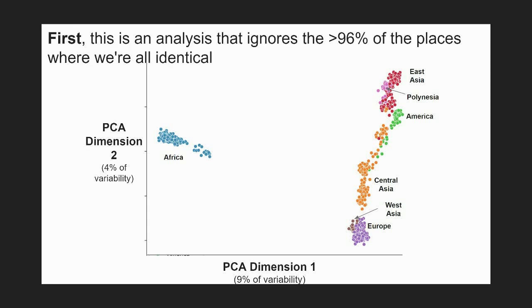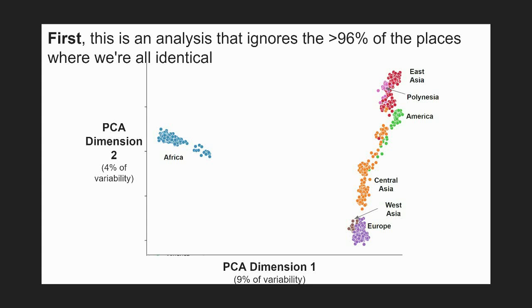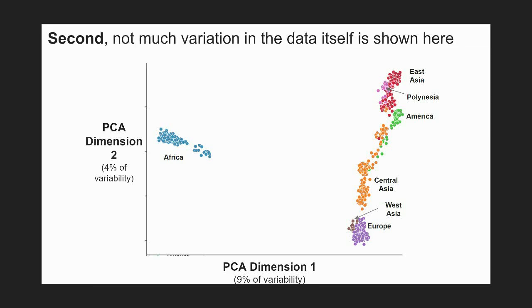And first thing is, we have to remember that this is an analysis that is using a small subset of our genome. 96% of the genomes of all of these people are almost identical. So we're really honing in on just the parts that vary and ignoring the 96% that is the same.